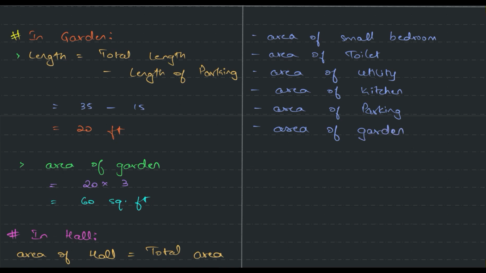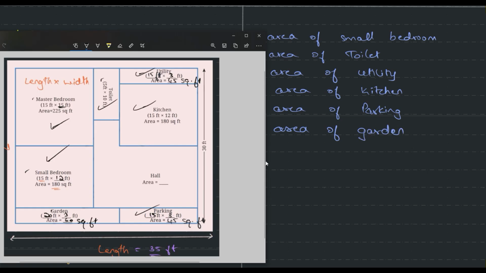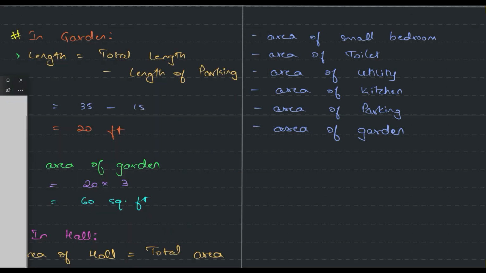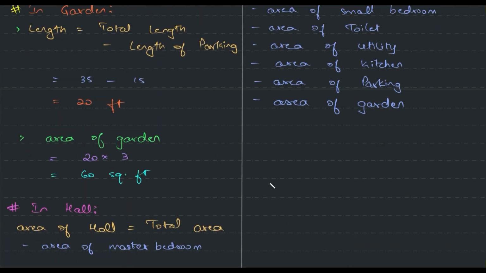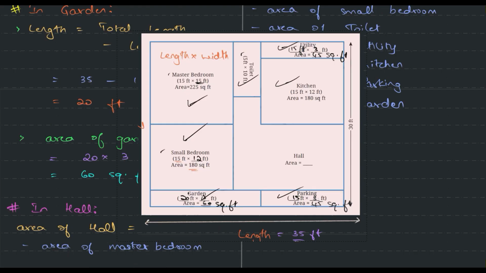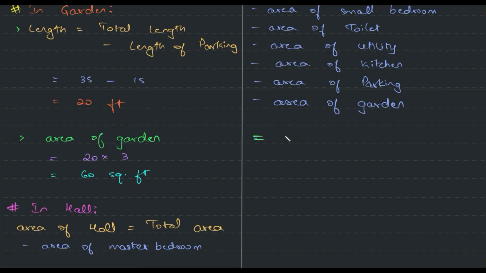That's why we should always get organized. Done. Right? And now I can subtract. So this entire thing is 35 into 30, minus, actually I should have multiplied this first.